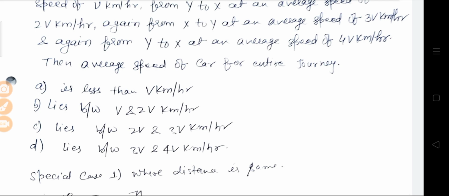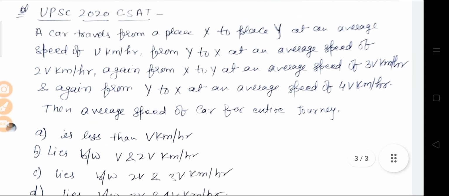So here any person can think that the first option cannot be correct, because the minimum velocity is v in the first case when the car travels X to Y, and then the velocity keeps increasing. So the first option can't be correct.